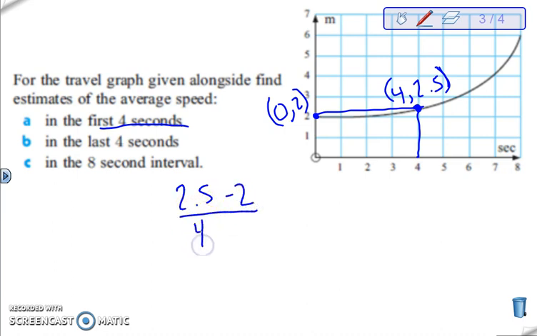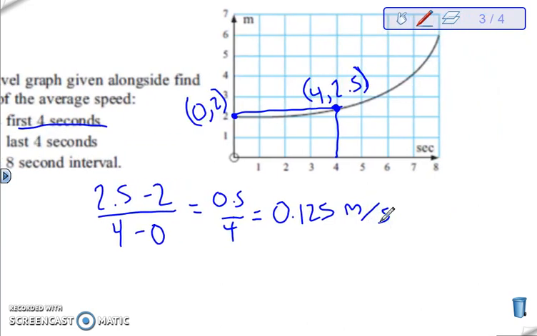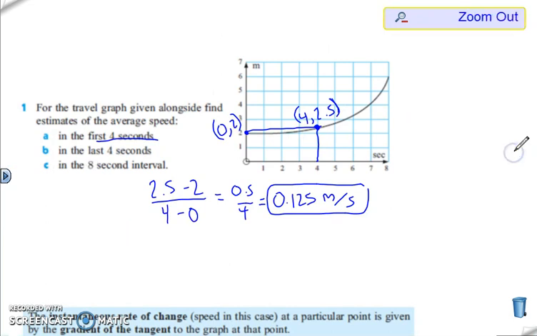We went from 0 to 4 on the x-axis. So if we take 0.5, divide that by 4, that's 0.125, and again we have to pay attention to our units. So we traveled 0.5 meters in 4 seconds. So our units here are meters per second. All right, so go ahead and do the same thing on B and C.